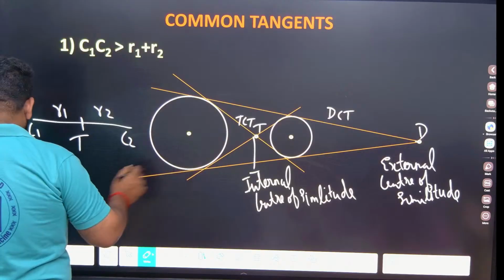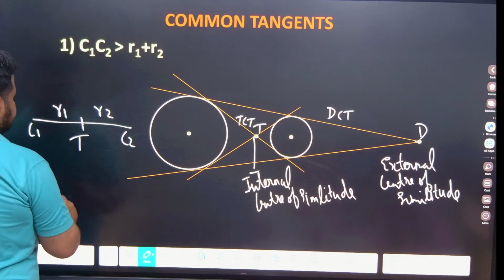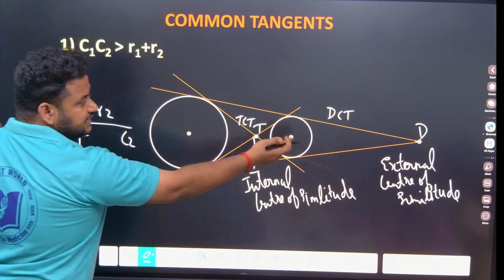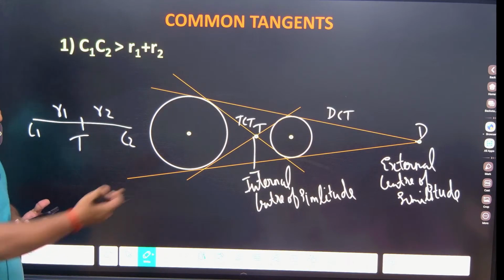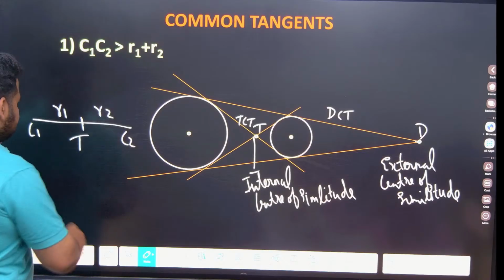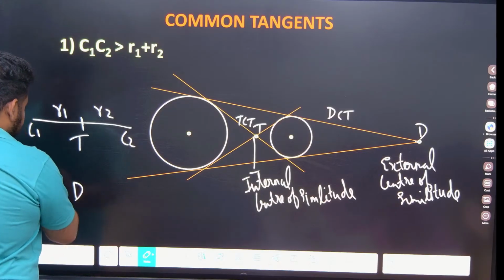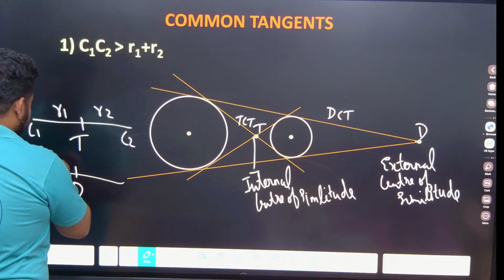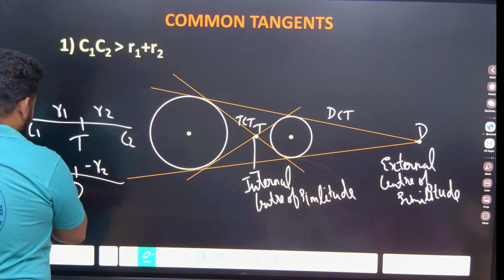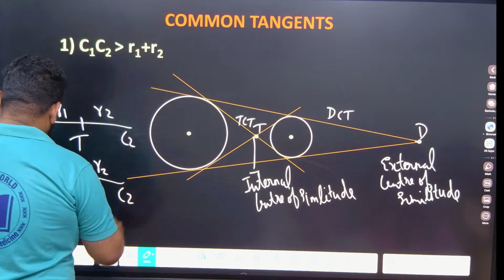And D, the external center of similitude, will divide it in the ratio R1 is to minus R2, because it is external. In the section formula also we have a negative sign for external division.